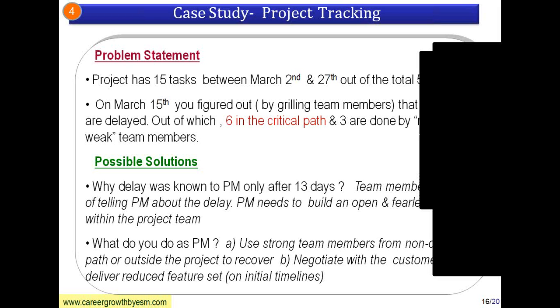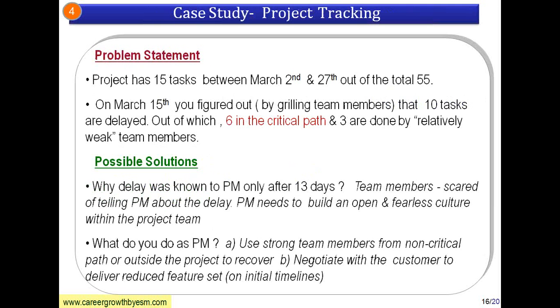In a scrum meeting you ask, what are the tasks you have done today? By asking these 3 questions in Scrum, you will come to know what issues the team members are facing. First of all, you should create an open culture where every team member is able to open up and tell the truth, honestly and fearlessly. That culture has to be created.